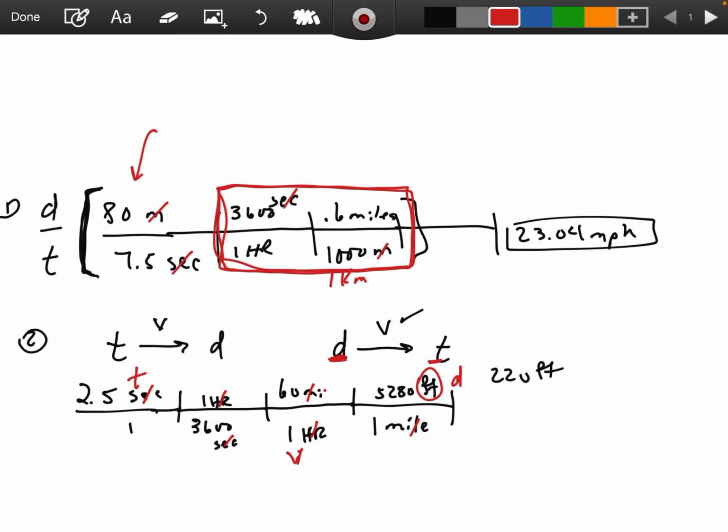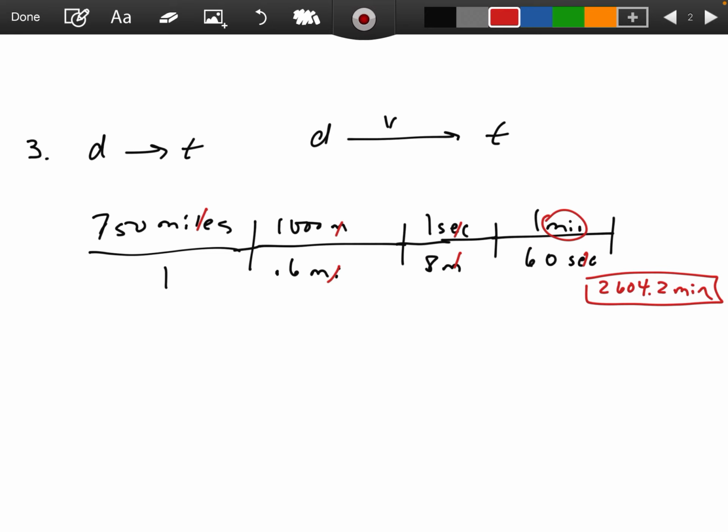So if you did 3,600 times 0.6, and then you divided that by 1,000, that's a factor of 2.16. So basically, if you multiply your meters per second by 2.16, that'll give you miles per hour. So that was number 4.